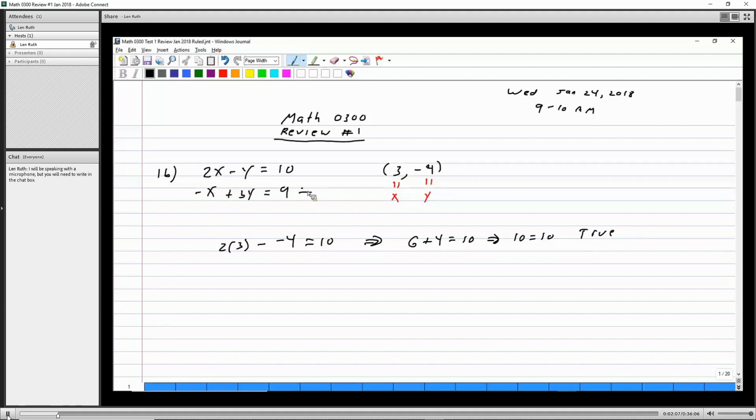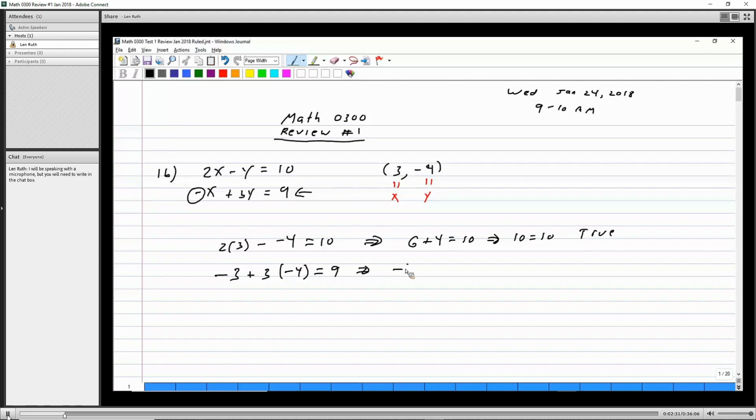We have to check the second equation. So stick in the x of 3. Now there's a minus in front of the x. So it'd be minus, from the equation, the x itself is 3, plus triple the y, which remember has a negative, so negative 4. And that's supposed to equal 9. So let's see what this says.